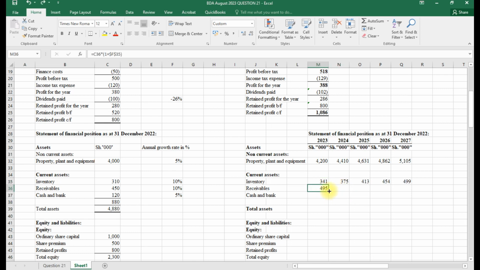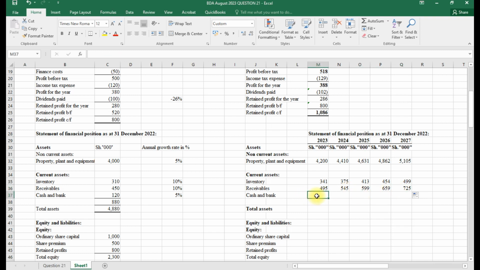So for the second year, it will be this value multiplied by 1 plus the rate 10%, fully lock that, and you will drag and autofill this that way. Normally counter check, it has captured P36.